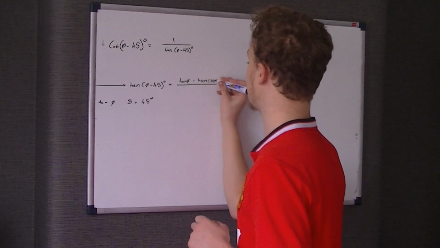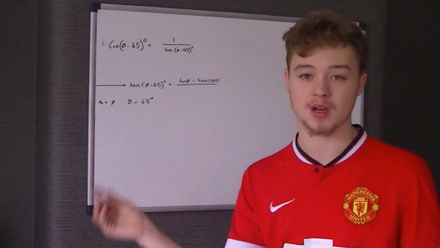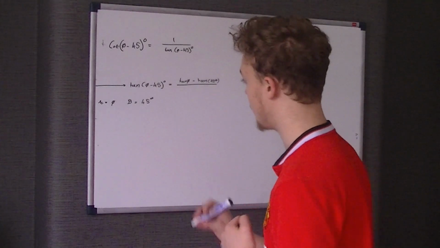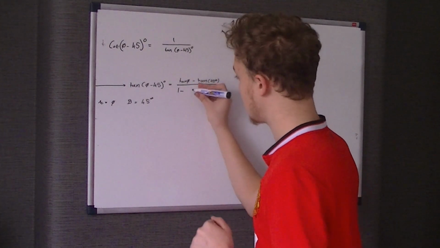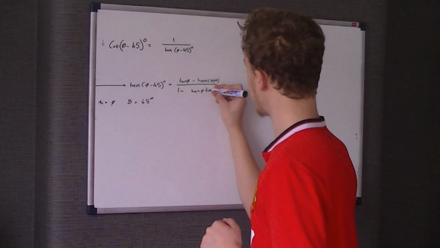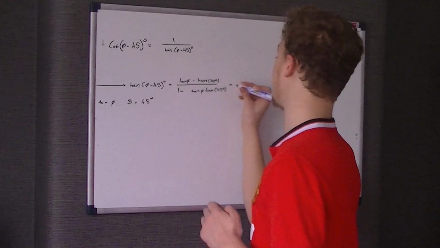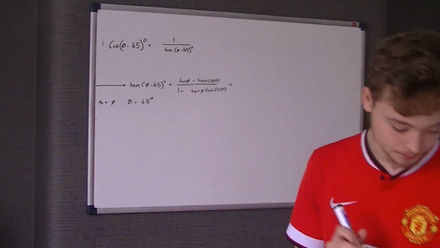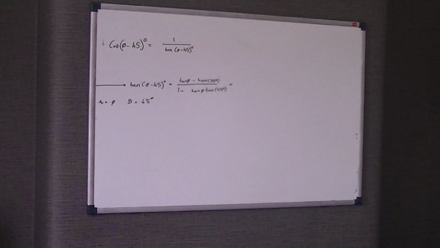Now, I'm not going to do it straight away, but in a minute we will put tan 45 degrees into our calculator. We should get a nice number. 1 take tan theta times the tan of 45 degrees. Okay, so if you substitute that in your calculator, you should get quite a nice number actually.